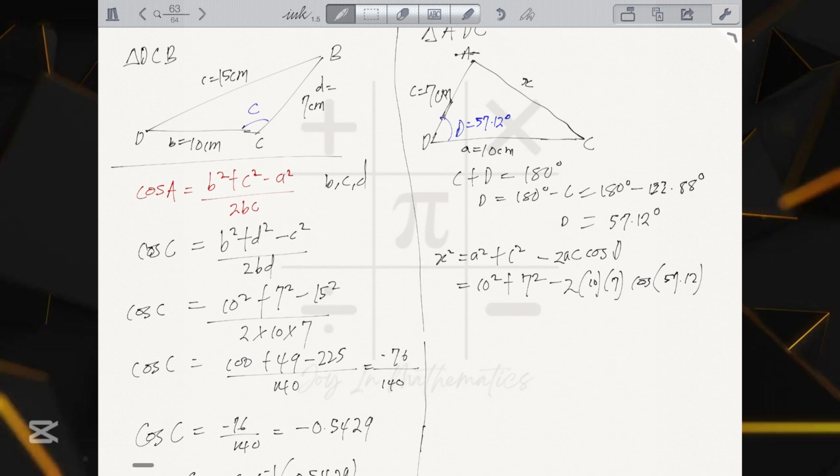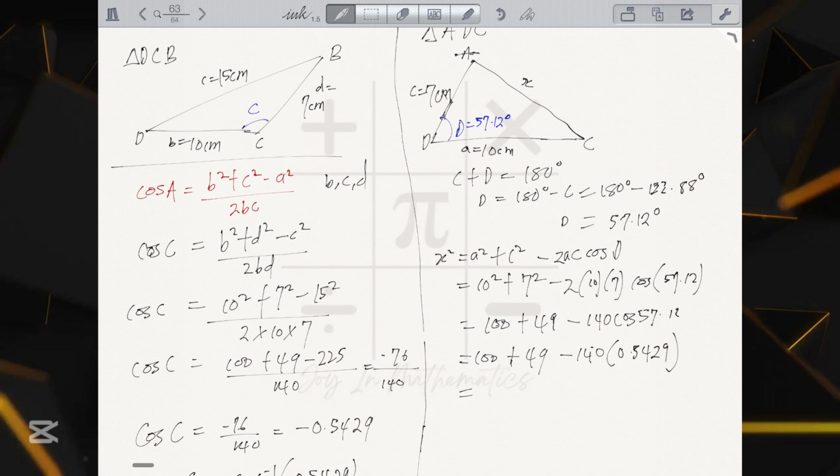That's cos 57.12. So simplifying further, we'll have 100 plus 49 minus 140 cos 57.12. Cos 57.12 is simply 0.5429. So we'll have 100 plus 49 minus 140 into 0.5429.